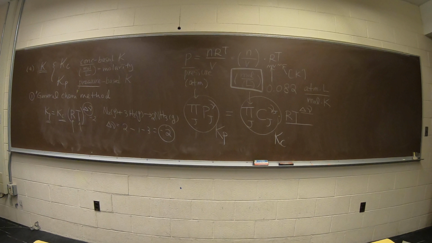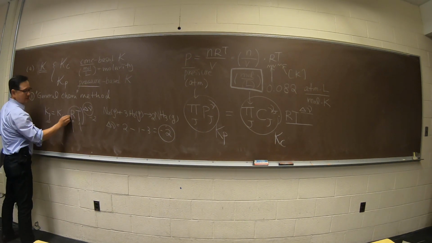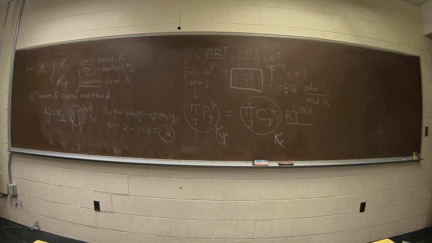Okay, and if you're looking at this, what's the unit on this? Does anyone wonder what's the unit on this? RT. So R is joule, energy per mole Kelvin, right?